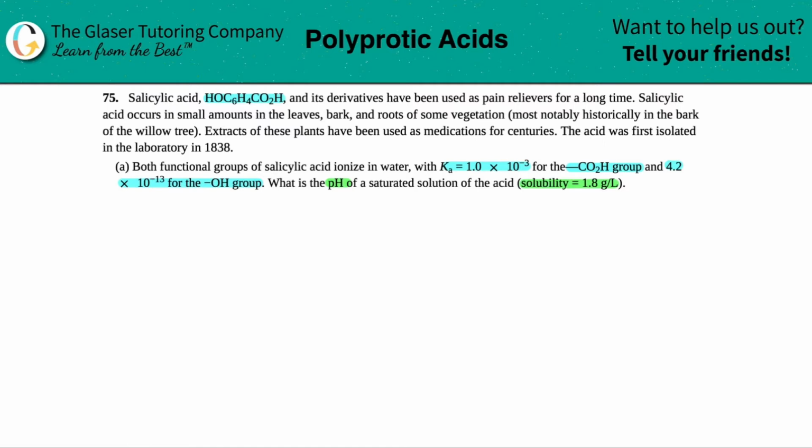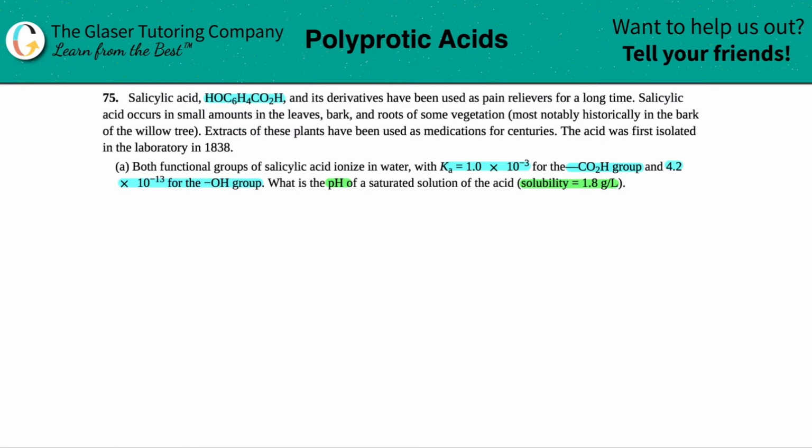Okie dokie. All right, so since they give us two Ka values, we have a Ka of 1.0 times 10 to the negative third, and then a Ka value of 4.2 times 10 to the negative 13th. This tells me that salicylic acid is a diprotic acid.